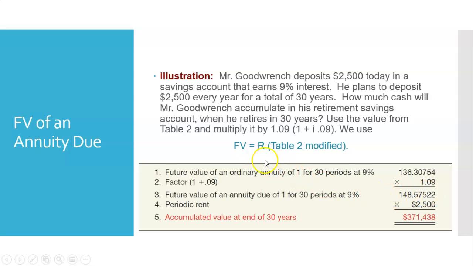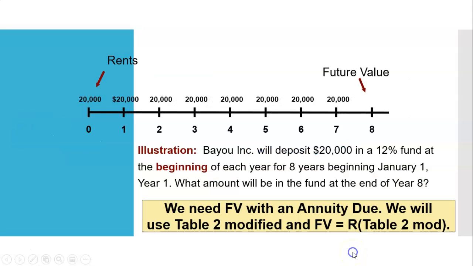My formula is FV equals rents times table 2 modified. So 148.57 times the rents, which is $2,500 a year, equals $371,438 that he'll have at the end of 30 years.